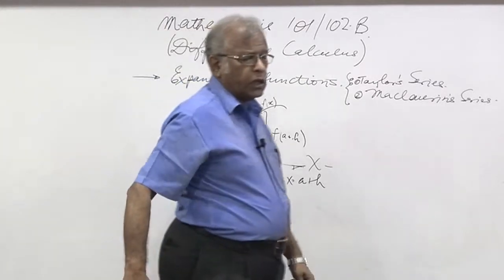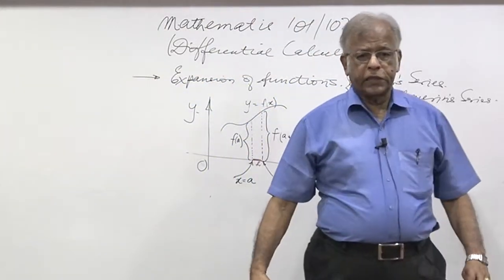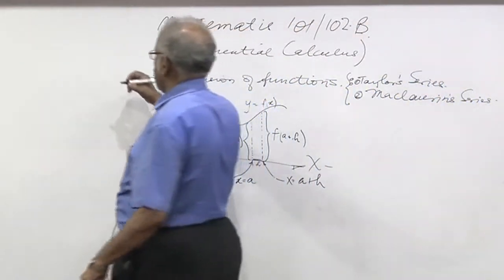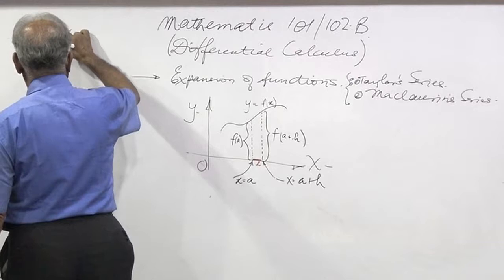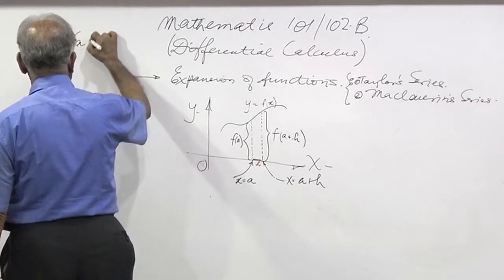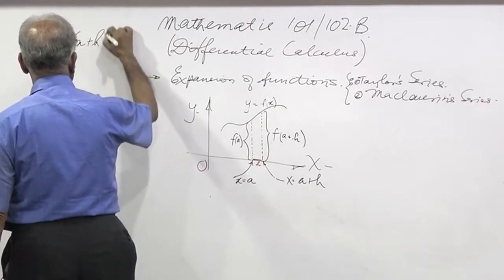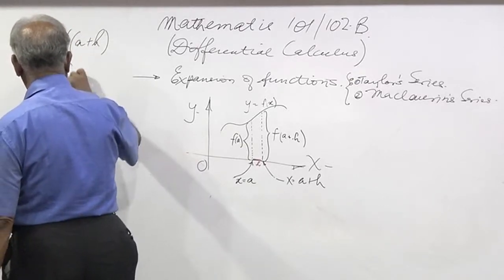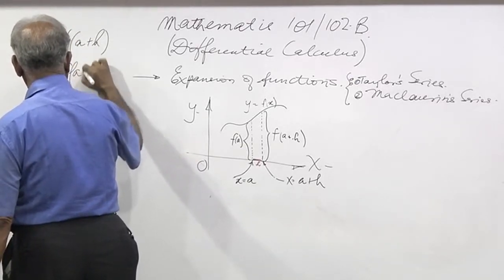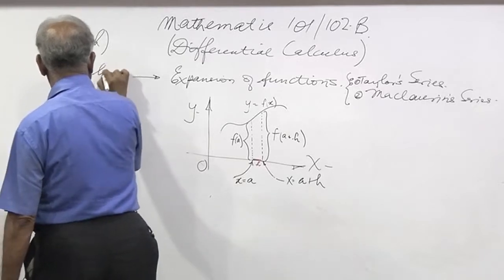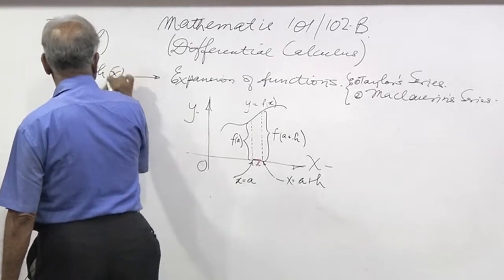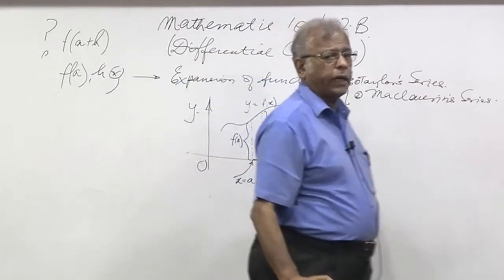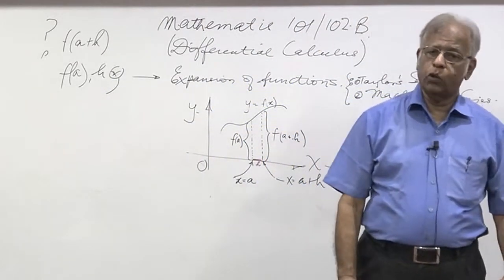And the question we ask ourselves is, is there any relationship that expresses f(a+h) in terms of f(a), h, and perhaps some other terms that are related either to h or to a or to both.